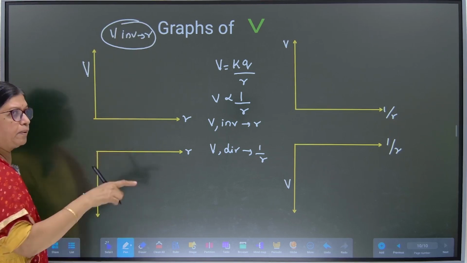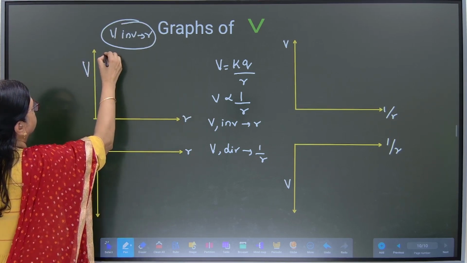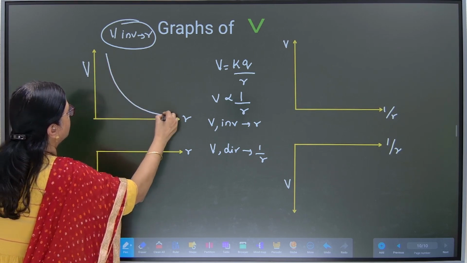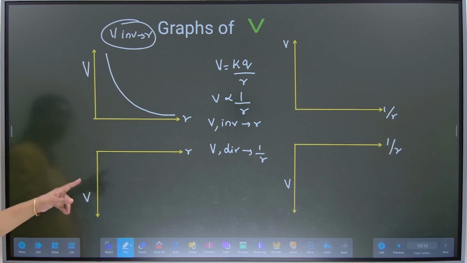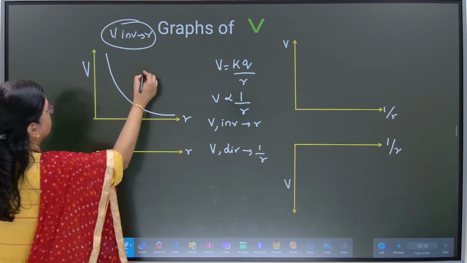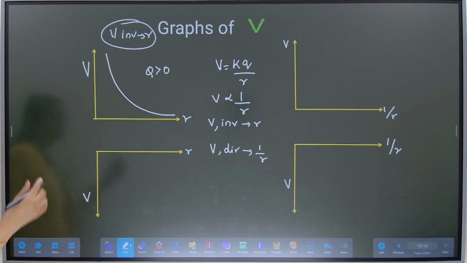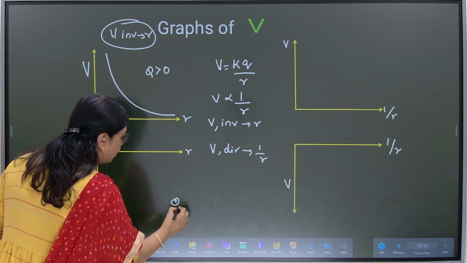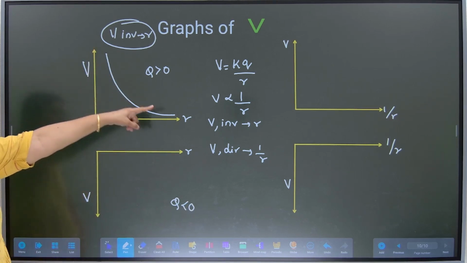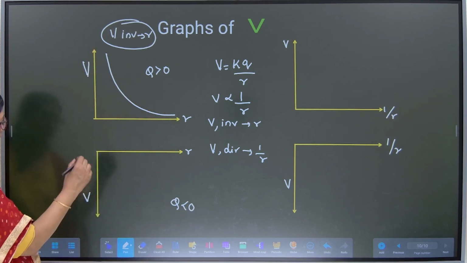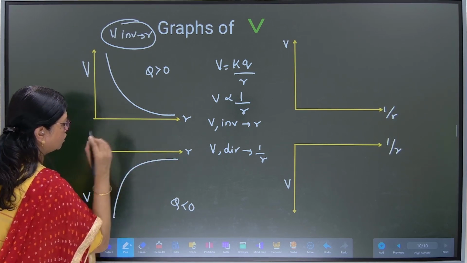If V is inversely proportional to R, it is according to the formula a negative curve. Fine. Now, if at all Q is greater than 0, we get this type of graph. Now, if Q is less than 0, for V inversely proportional to R, as read here, we have to draw the same kind of graph but in the fourth quadrant.